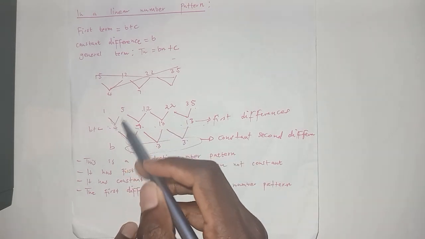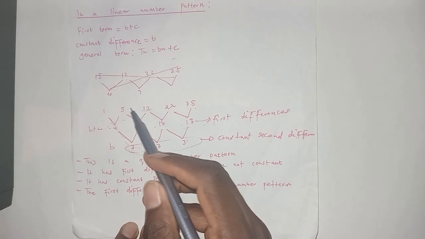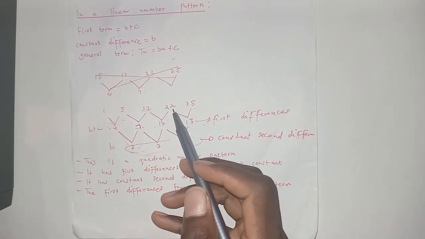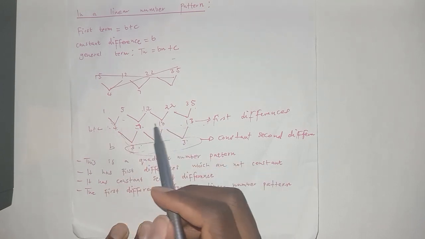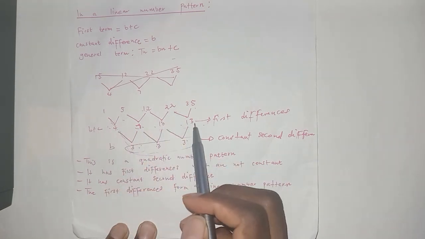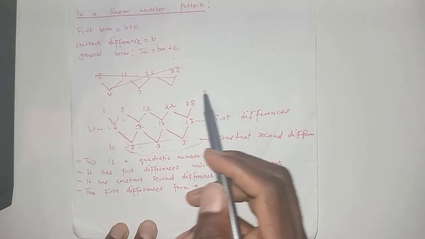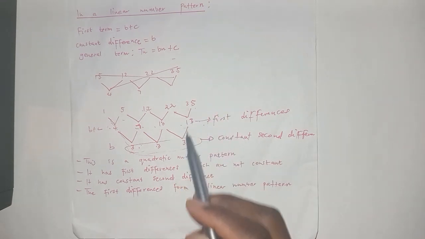But if we got constant differences between these numbers, then we would have a linear number pattern, nothing else. Otherwise it wouldn't be a linear number pattern.